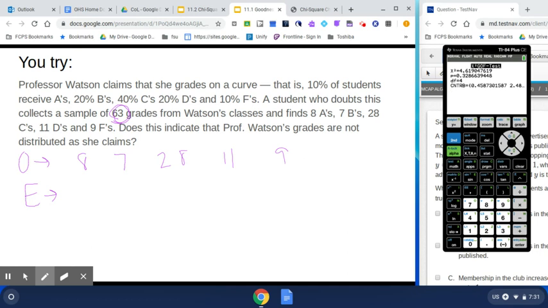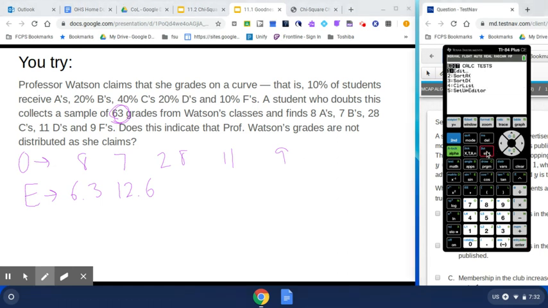The expected value, again, we have to take that sum, 63, and multiply by each percentage. So if I take 0.10 times 63, that gives me 6.3. The next one, the B's, 20% are supposed to be B's, so 20% of 63, that gives me 12.6.